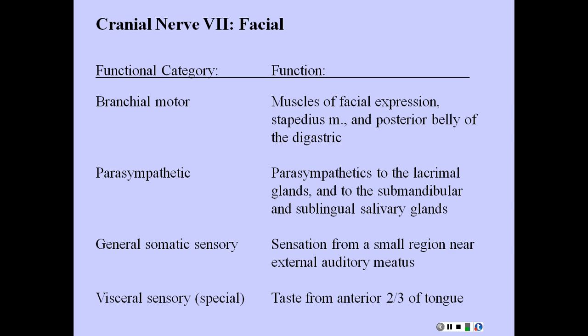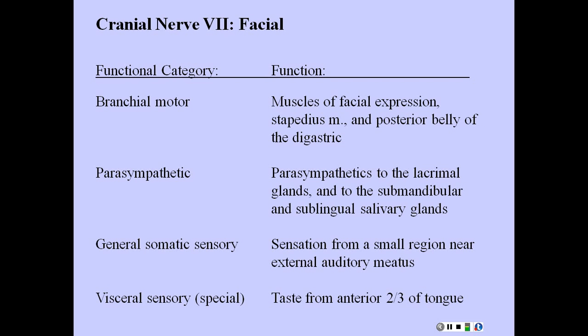So you can imagine if somebody had a unilateral lesion of facial, a one-sided lesion, not only would you have this droopiness of the face, but you would probably have some impairment with the formulation of words. They wouldn't be as clear as they normally are because you would have that asymmetry in the mouth for the articulation of sound, which are the words.